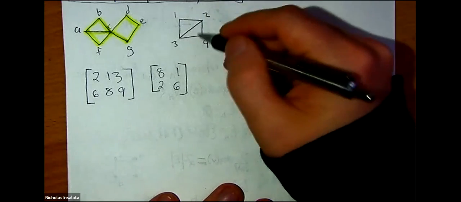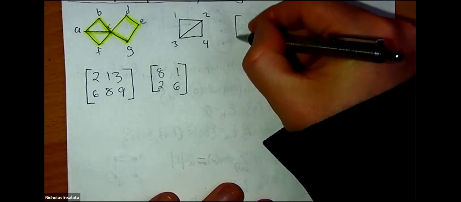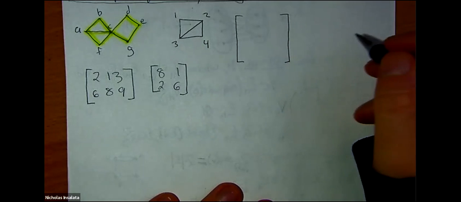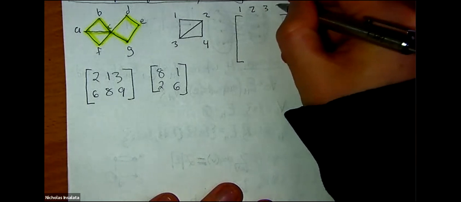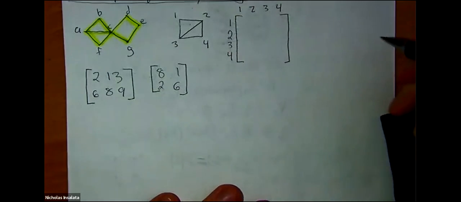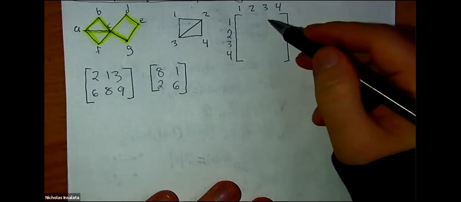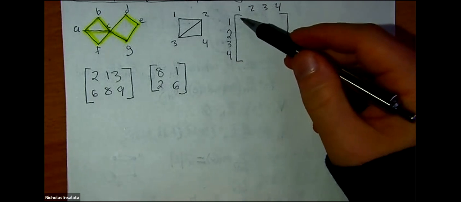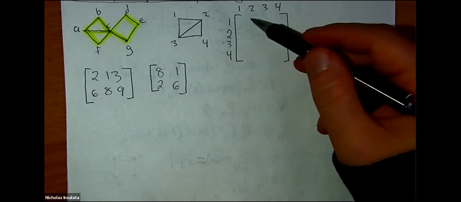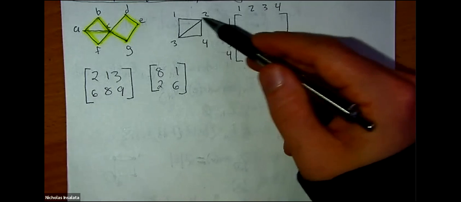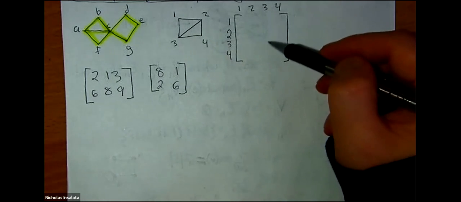So to encode this graph, I'm going to need a 4 by 4 matrix. In this matrix there are going to be rows and columns, 4 of each. Usually you don't put these numbers on the side, I'll just do it for this first example. These numbers indicate whether or not there's an edge between the two vertices that correspond to the row and column of the entry.